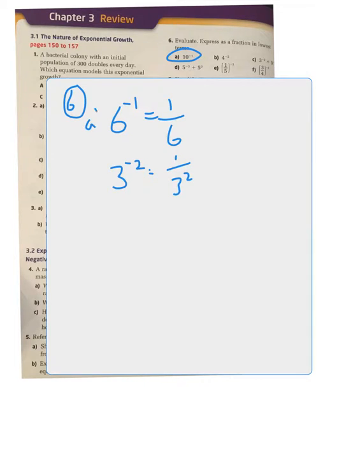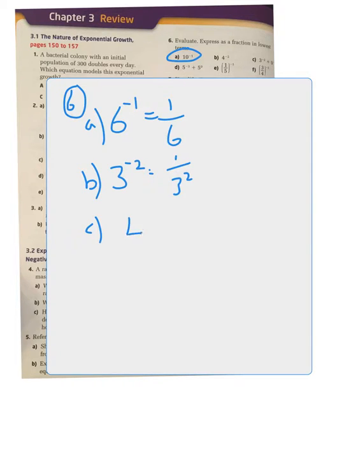Question 6, evaluate each expression. Okay, let's just do a couple here. We know that if we take A here, 6 to the -1, for instance, would be 1/6. 3 to the -2 would be 1/3 squared. These are all equivalents to A and B. C, not sure what C says.